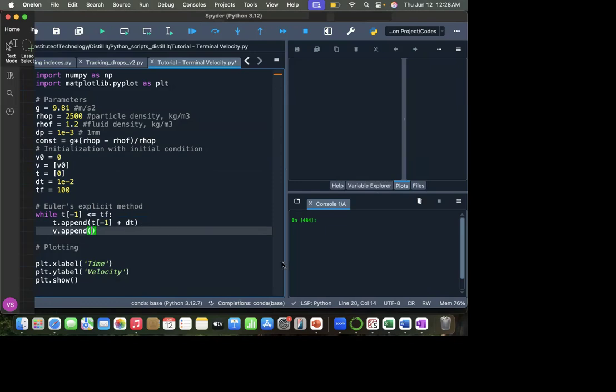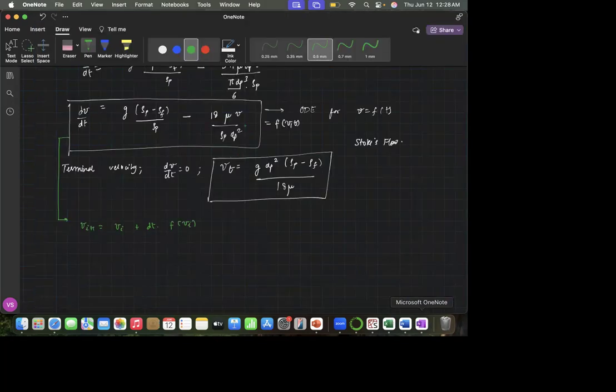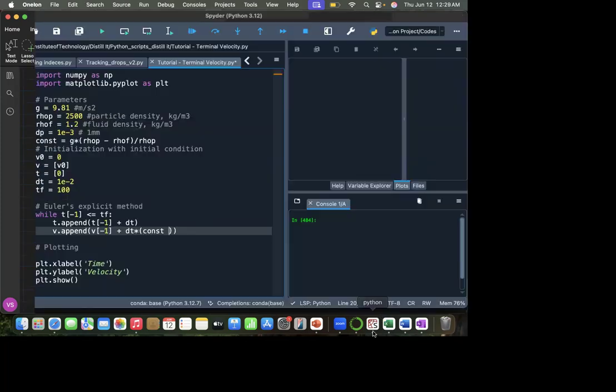So the next iteration is just going to be v at the previous iteration, which is v i, plus dt times the RHS of my ordinary differential equation evaluated at the previous iteration, right? So the RHS was the constant value over here minus 18 mu upon rho p dp squared. Let's just write that down.